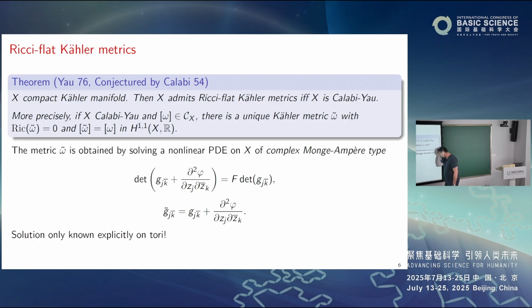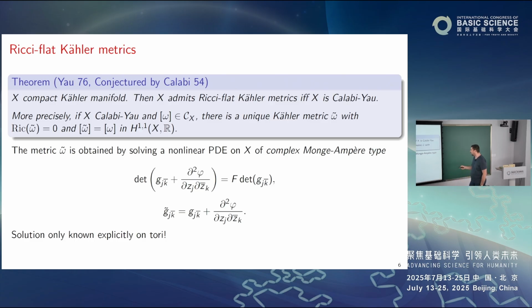And interestingly, while these Ricci-flat metrics are geometric objects, things you might want to construct with geometry, they are actually constructed with analysis. The omega tilde is obtained by solving a nonlinear PDE called the complex Monge-Ampère equation, which looks like this in complex coordinates. It's the determinant of the fixed metric g, which is this omega here, plus the complex Hessian of a function phi. Phi is a global function.